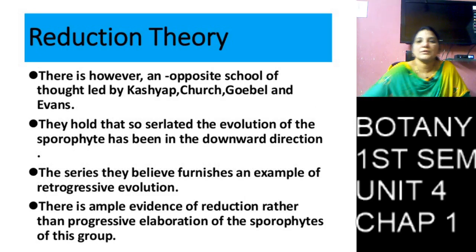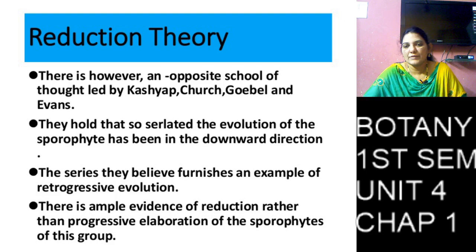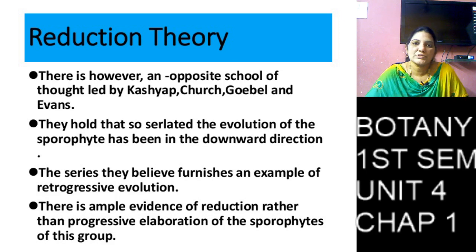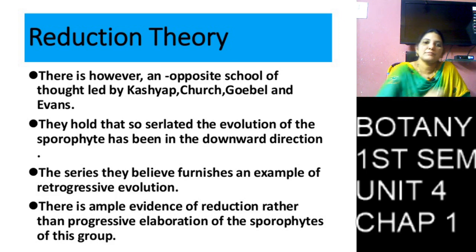Next, coming to the reduction theory. So we can see the progressive theory, where the sporophyte evolved one by one. Here the reduction theory is the opposite of the progressive theory. It was described by Kashyap, Church and Gamble.